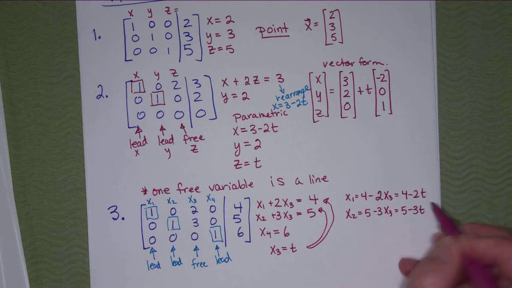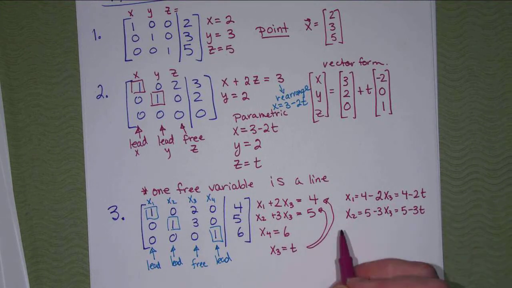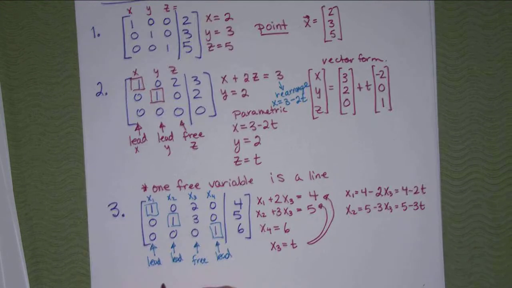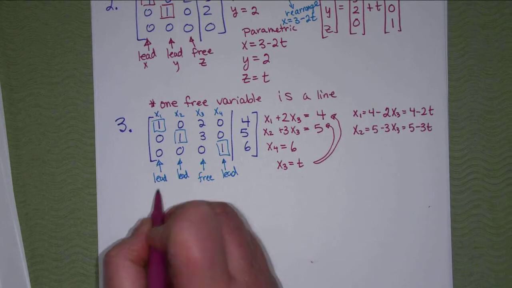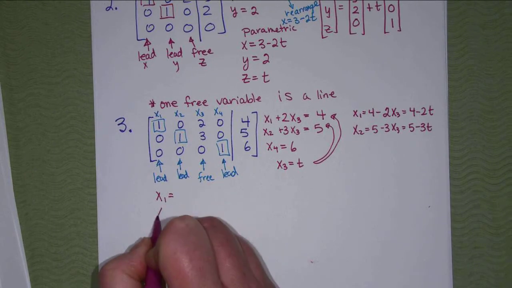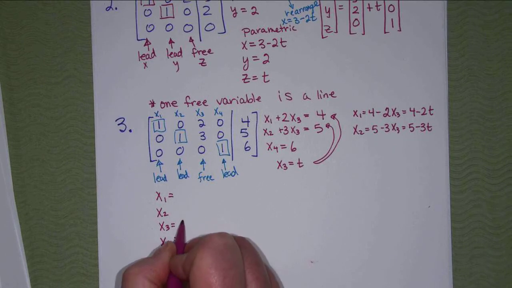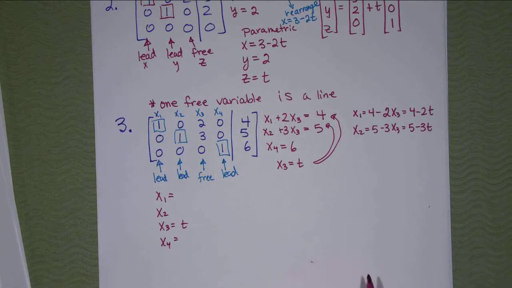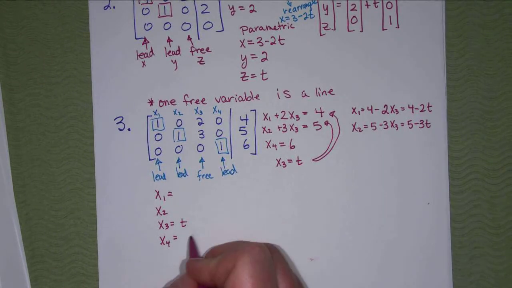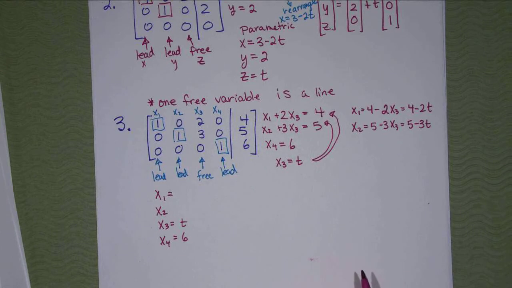So our solution in parametric form: our free variable was that one, x3. x4 was just 6. And we have 4 minus 2t and 5 minus 3t.